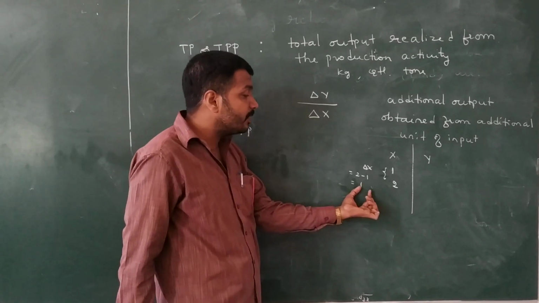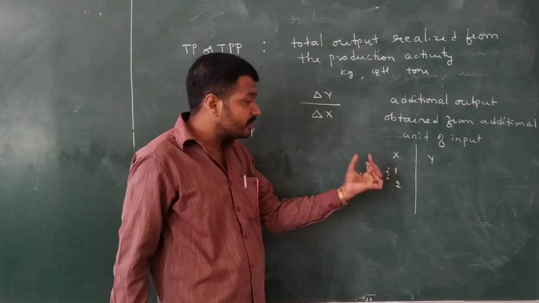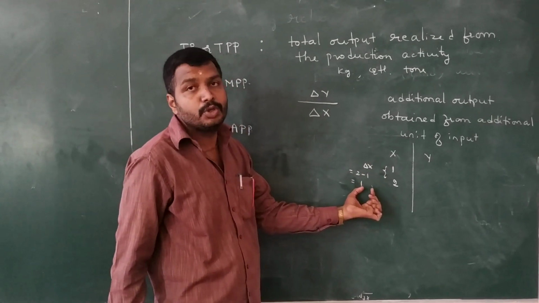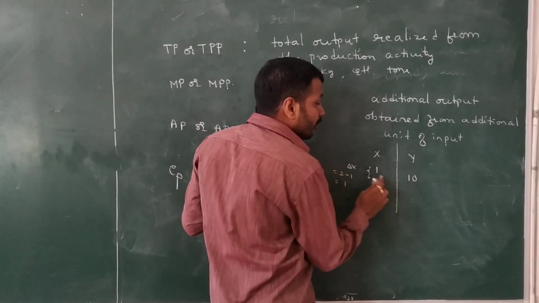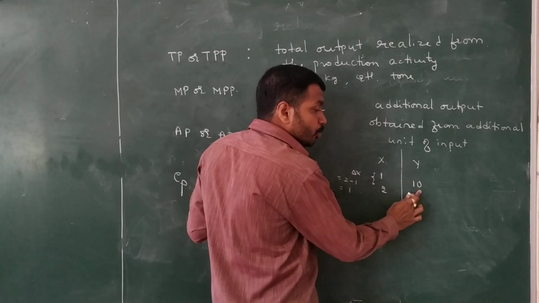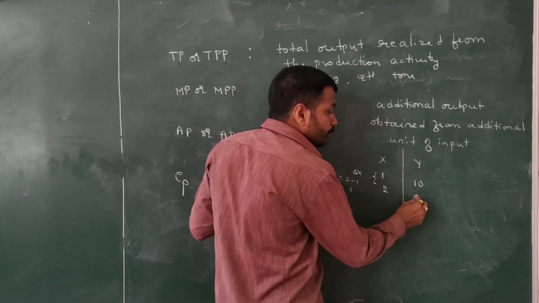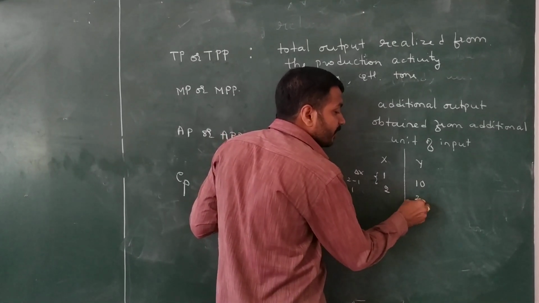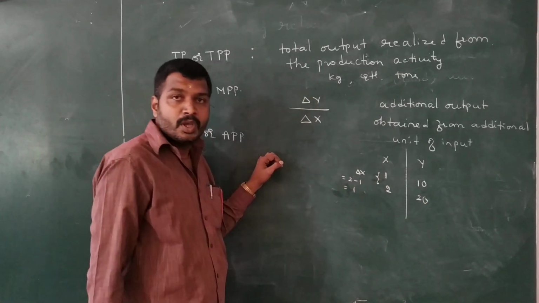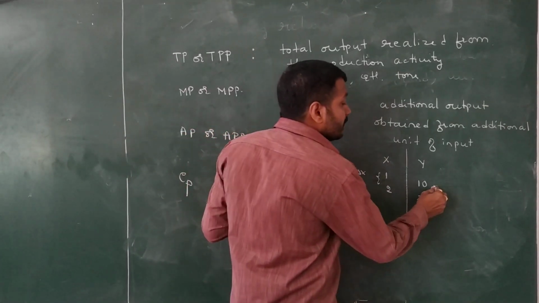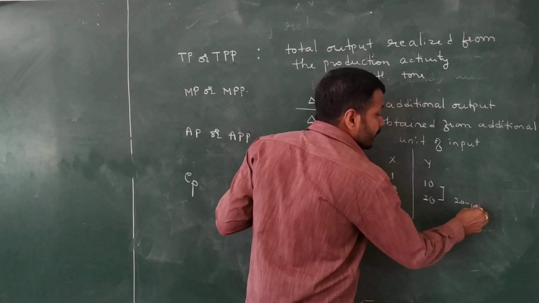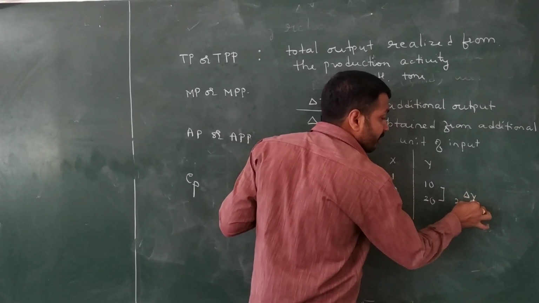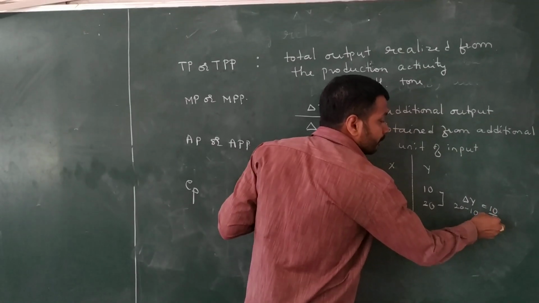This is the additional input used in the production activity. When the first unit of input is used, the resulting output, say, is 10. If the second unit of input bears 20 units of output, the incremental change in output is 20 minus 10, that is delta y, which is 10.